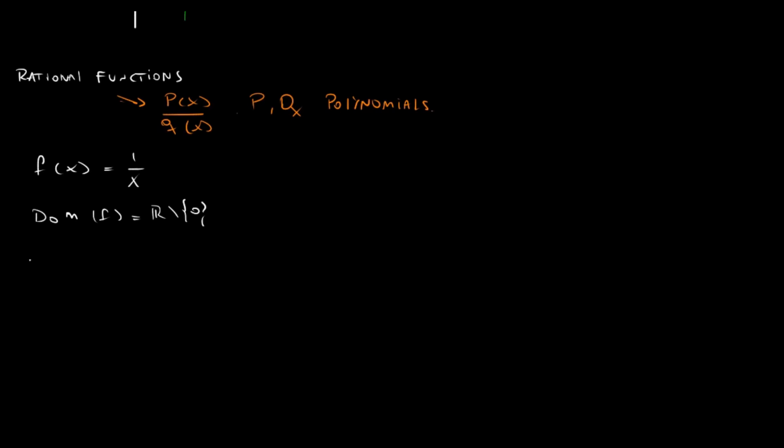And we also know that f of minus x, which is 1 over minus x, equals minus 1 over x and equals minus f of x. So what this is telling us is that f is symmetric with respect to the origin.